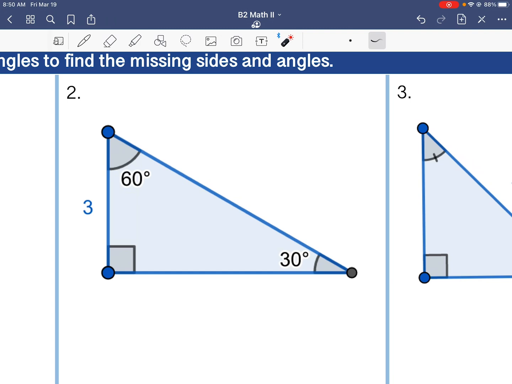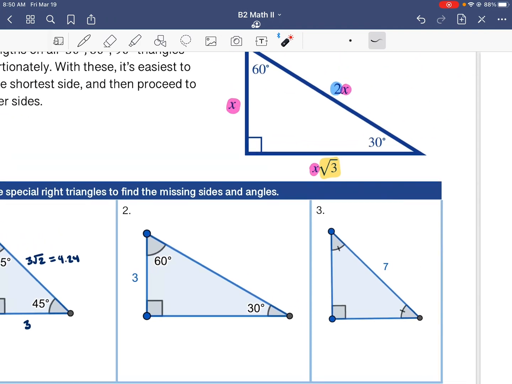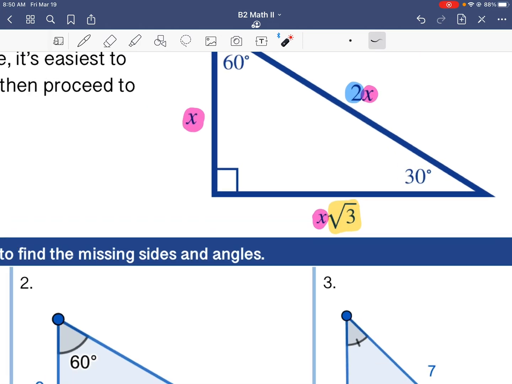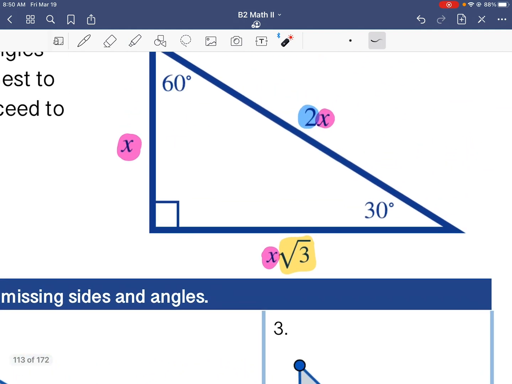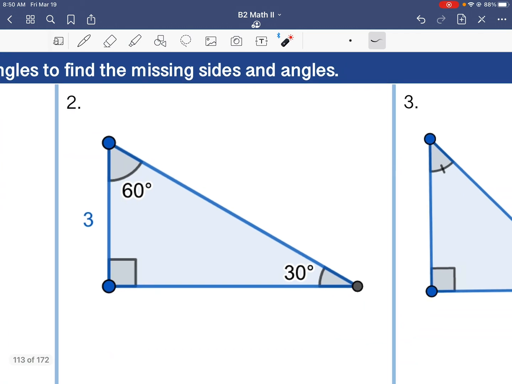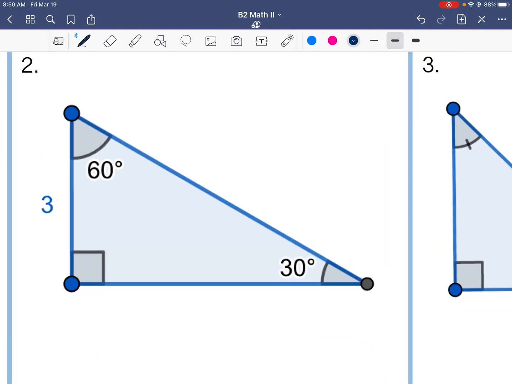Number 2 is a 30, 60, 90 triangle, and they've given us, helpfully, the shortest side. So if we look at our diagram here, the other leg is going to be this value, but times root 3. So that is going to look like 3 root 3, which is like 5.2, but like I said, I would take either of those.